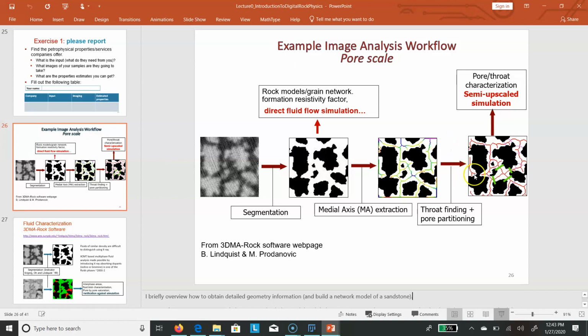So for instance, I can assume, even though that's never really the case by looking at this image, that I have a pressure here, a pressure here, and a tube. This throat constriction can be simplified to a cylindrical tube that is as tight as the tightest spot.